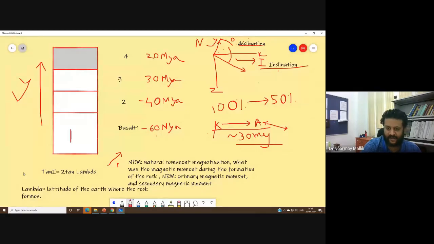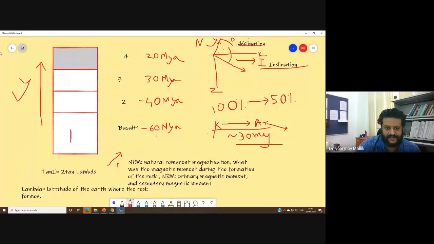I don't do any treatment at first, and then I treat the sample to filter out my secondary magnetic fields, and I am left with only the primary magnetic moment. From the primary magnetic moment, I calculate the declination and inclination, and from the inclination, I calculate the latitude at which this particular basalt was formed.